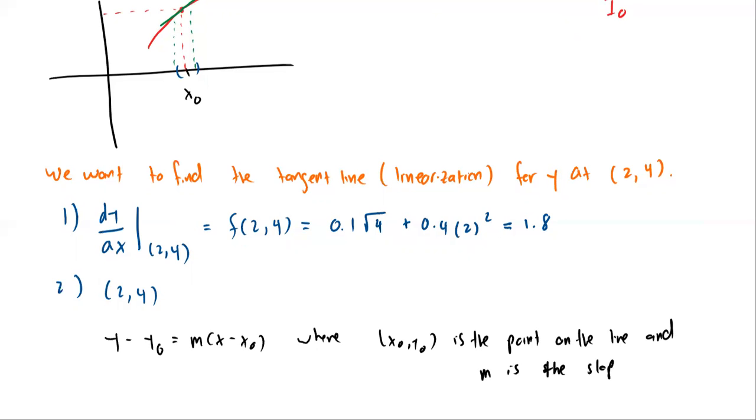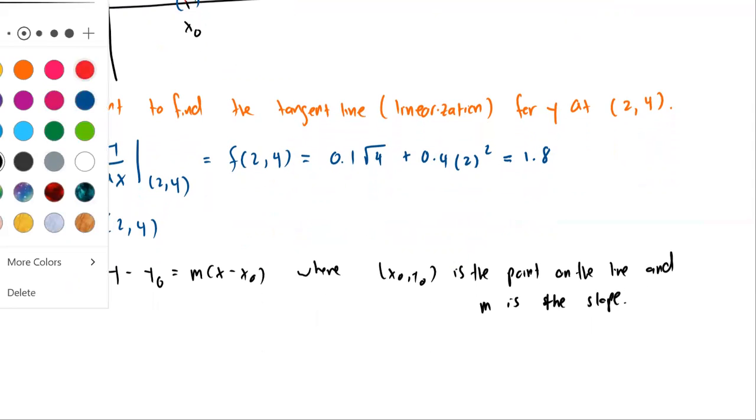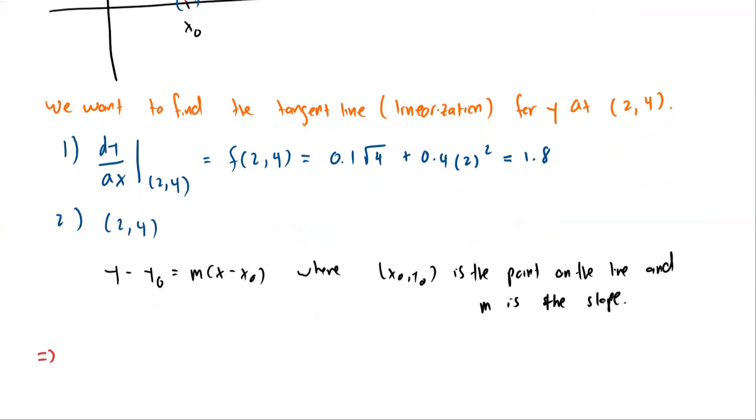So nothing new yet, right? This is all something you should have seen in Calc 1. It's a typical exercise from Calc 1. So let's find the equation of the line. So what do we have? We have y minus, so the y coordinate is 4, equals the slope we found to be 1.8 times x minus the x coordinate, which is 2. Okay.